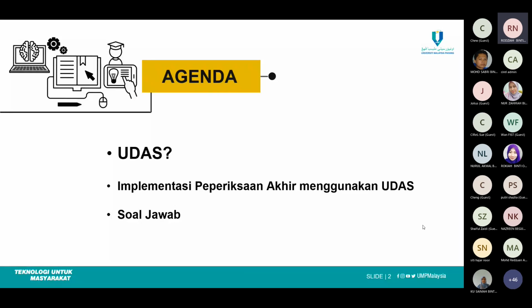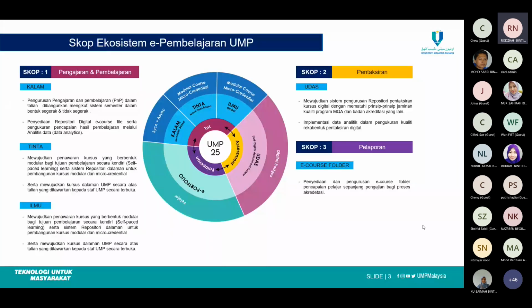Okay, before we enter, this diagram here is actually our e-learning ecosystem in UMP. There are three parts. First is teaching and learning, in which we have three platforms: Kalam, as we are using, Tinta and Ilmu. This is where we majorly store our materials.